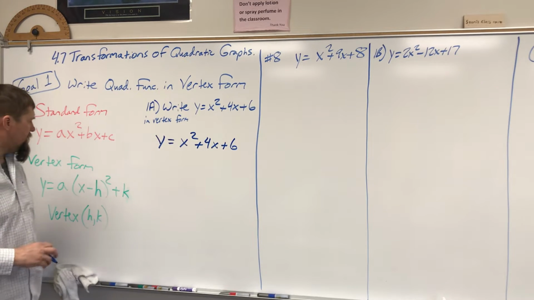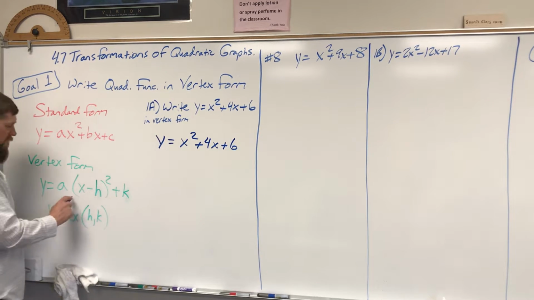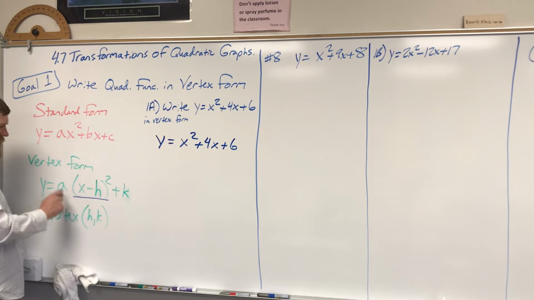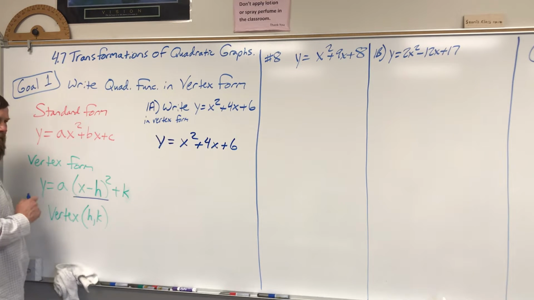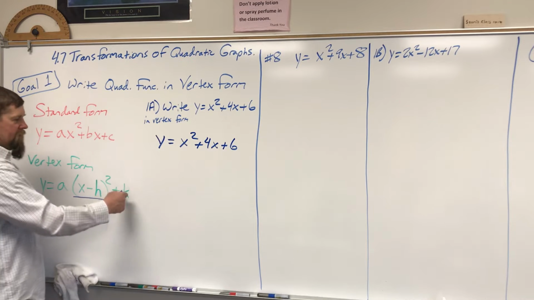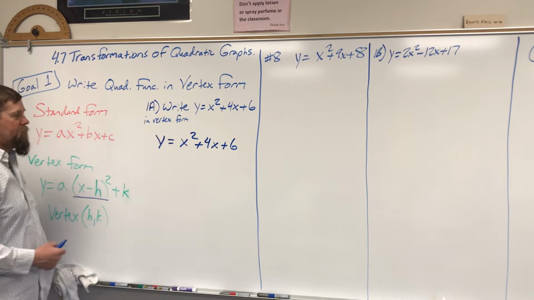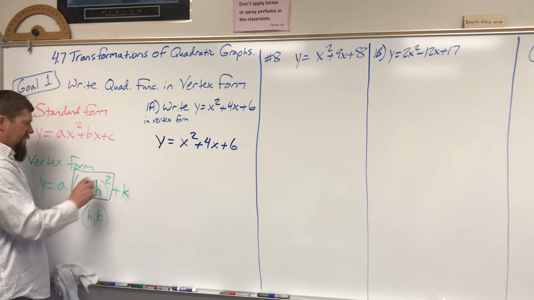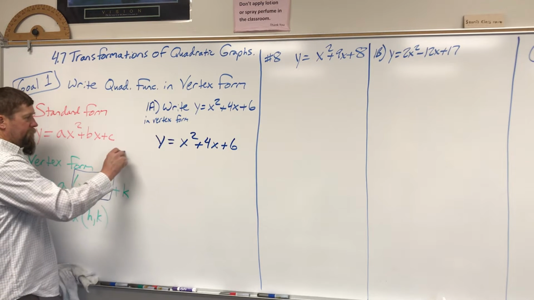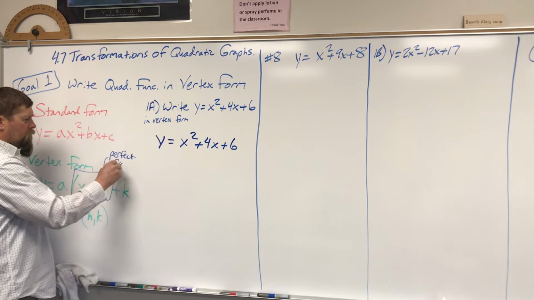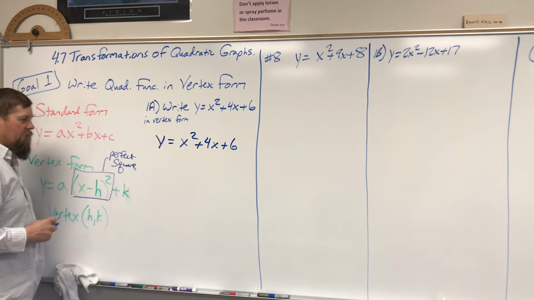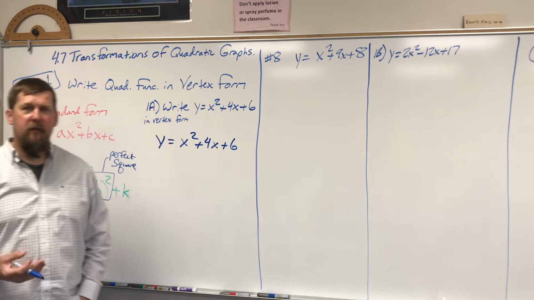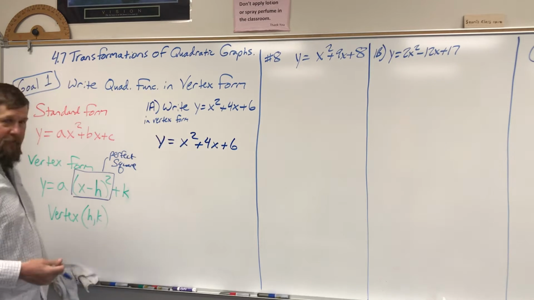Now, we want to get it into something times x minus h squared plus some number. If you notice, we have a perfect square, so we are going to use completing the square to get that.